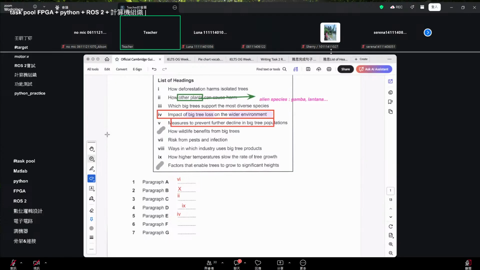I might need to write down some big tree loss. Wider environment. Write it down as tropical forest. Okay, and then bigger tree loss literally means those older trees die.